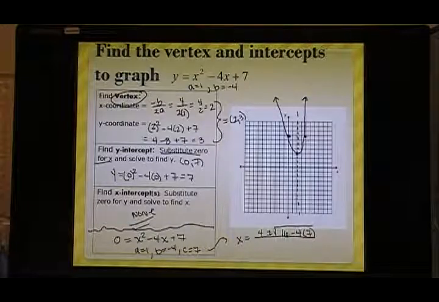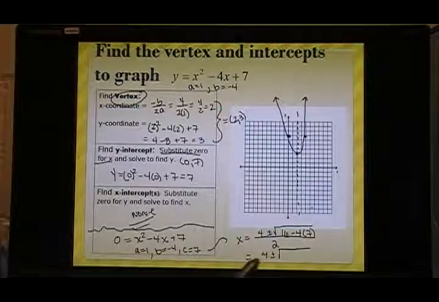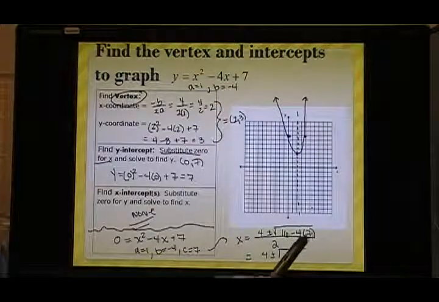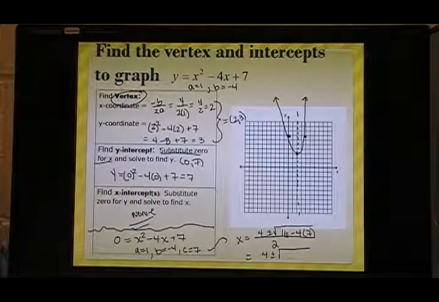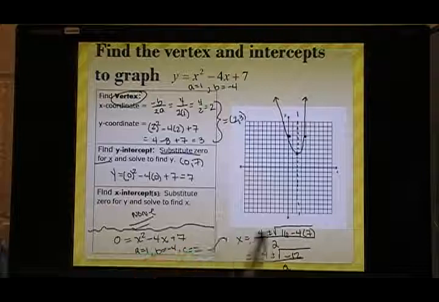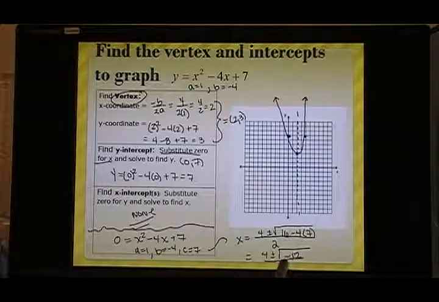If we use the quadratic formula, we have a is 1, b is negative 4, and c is 7. So we get x equals opposite of b plus or minus the square root of b squared minus 4 times a times c, 1 times 7 is 7, all over 2. So we have 4 plus or minus the square root of 16 minus 28, which is negative 12, all over 2. And just looking at what we have here, if we take the square root of a negative number, we get the square root of negative 1 is i.